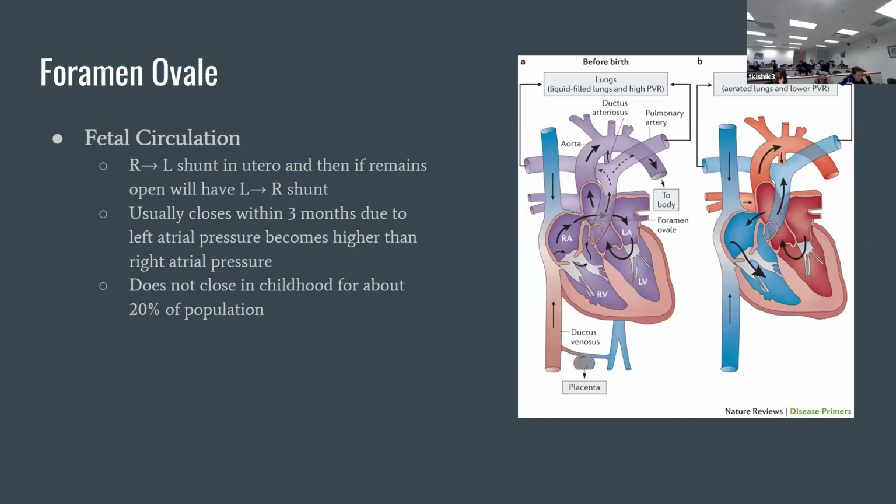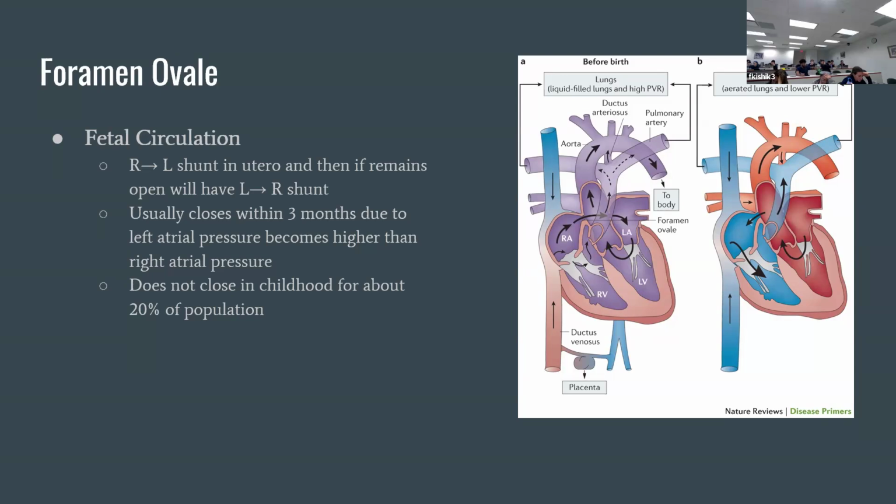So for the foramen ovale, again, there's right to left shunting in utero. If it remains open, you'll have a left to right shunt, right? Because as soon as the baby takes its first breath, the pressures in the right side of the heart lower, and now there's left to right shunting if that communication stays open.